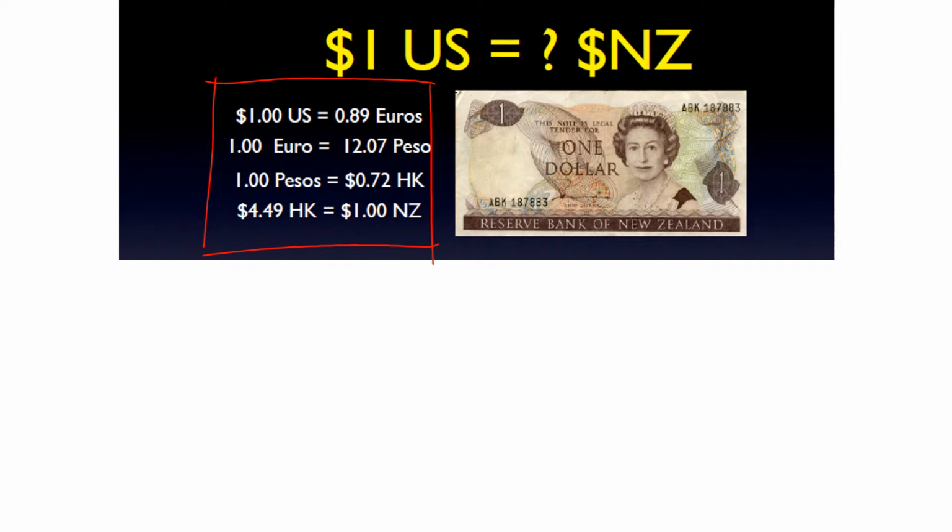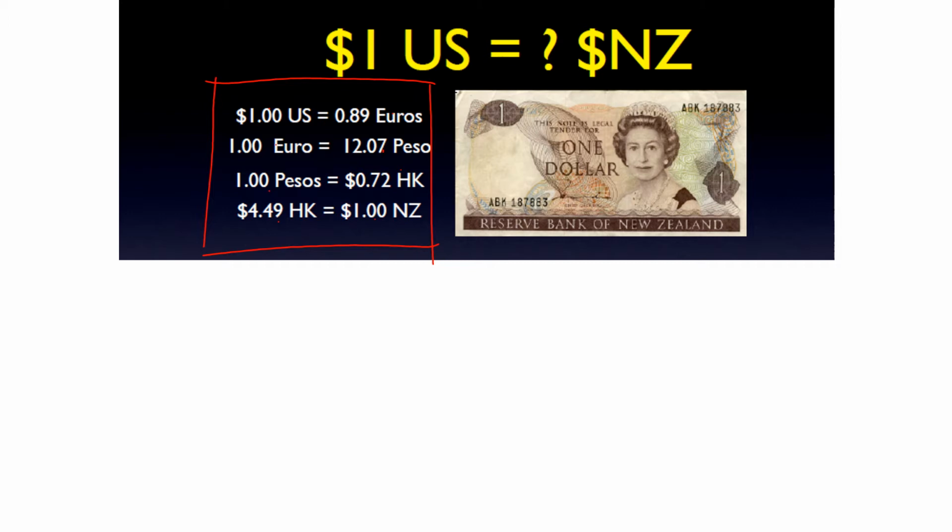So I know 1 US dollar is equal to 0.89 euros. I know 1 euro is equal to 12.07 pesos. I know that 1 peso is equal to 0.72 Hong Kong dollars, and I know 4.49 Hong Kong dollars is equal to 1 New Zealand dollar.